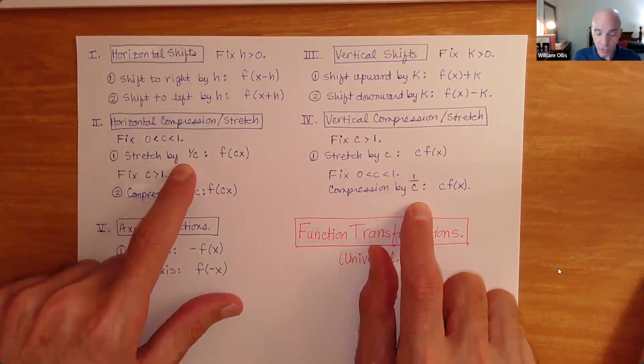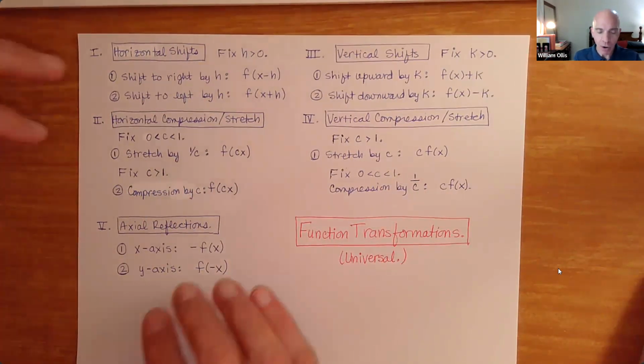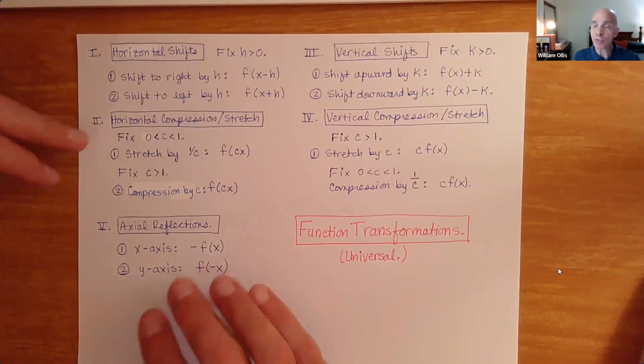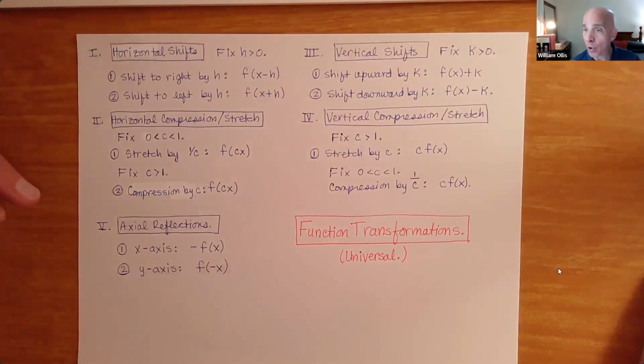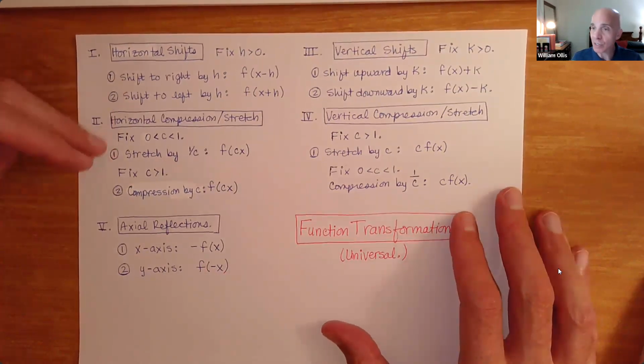in the horizontal situation. So again, the vertical transformations are very straightforward because we are applying the transformation to the y coordinate to the function. So that's very straightforward. When we are actually changing the independent variable in the horizontal situations, that's when we have to be more refined in our algebra, and the actual transformation is less intuitive.